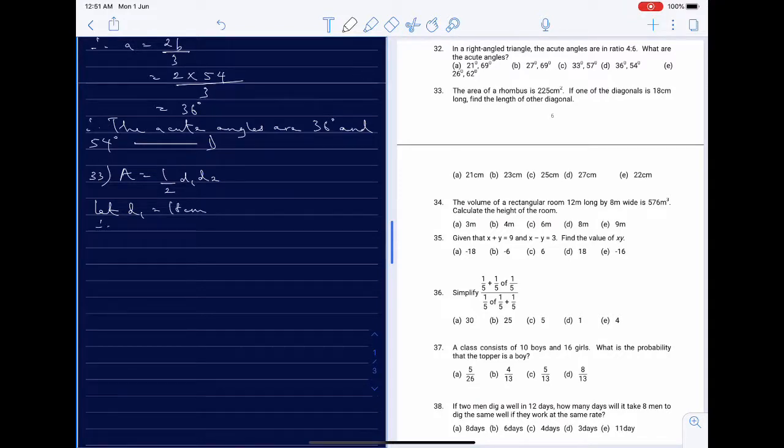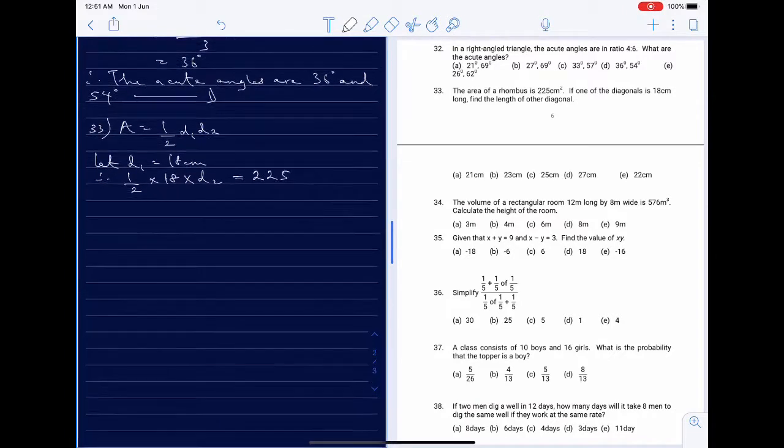So that means 1 over 2 times 18 times D2 is equal to 225. And that means 9D2, of course 18 divided by 2 is 9, is equal to 225.